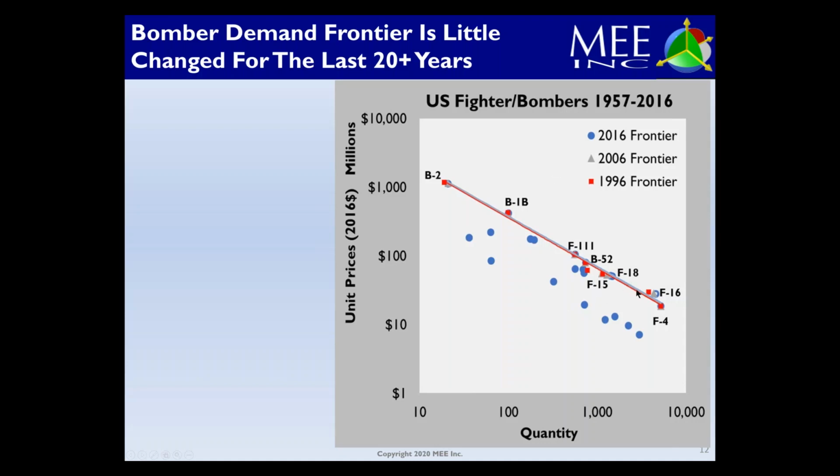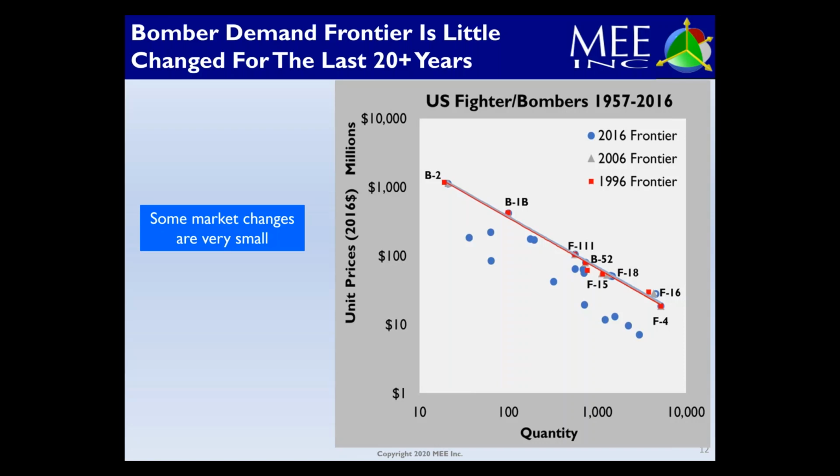So you see vehicles like the F-16 are still being built, the F-18 still being built, the B-2 was being built here. What happens is the frontier does change, but it's changed by about 2% over 20 years. Not very much. So some market changes are very small, and the frontier is very long-lived.